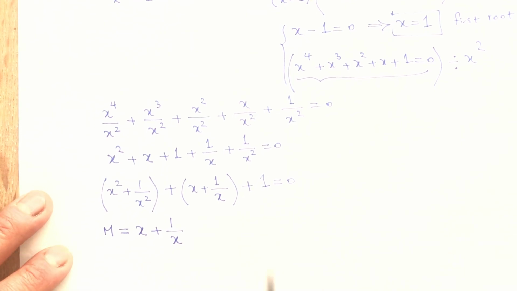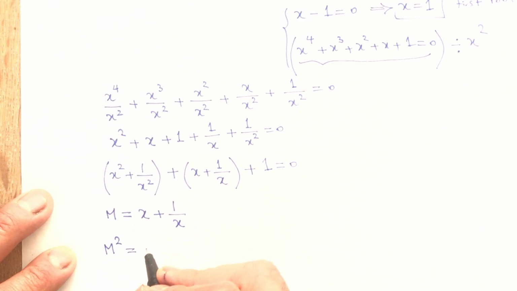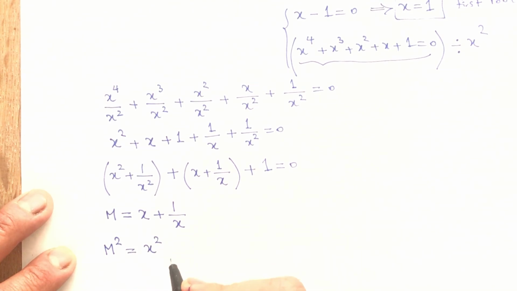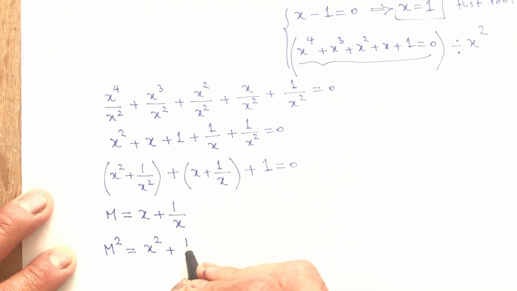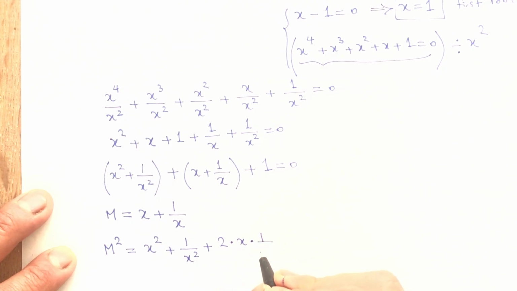And if I define this parameter, I can find m squared. Okay, I can square this term, so x squared plus 1 over x squared plus 2 times x times 1 over x. You know the identity for the square of these terms.